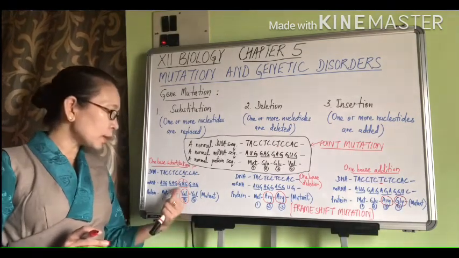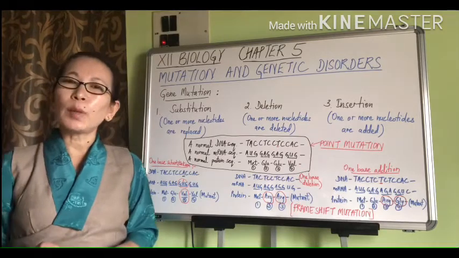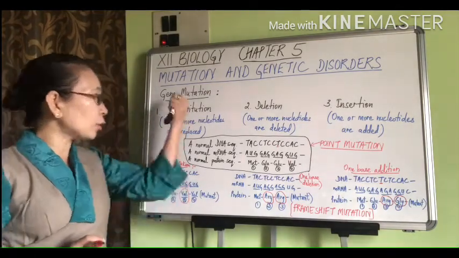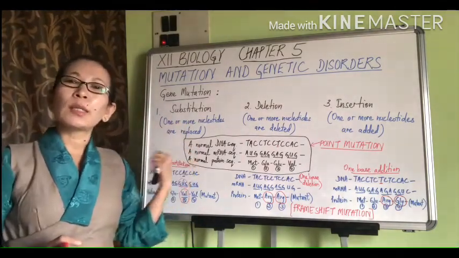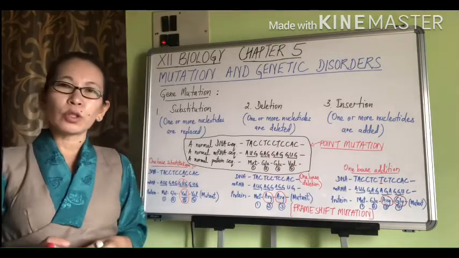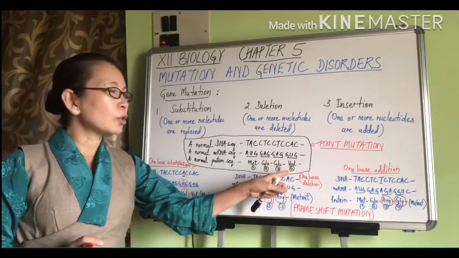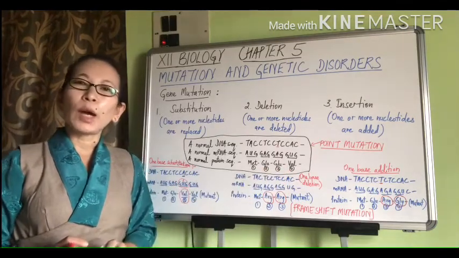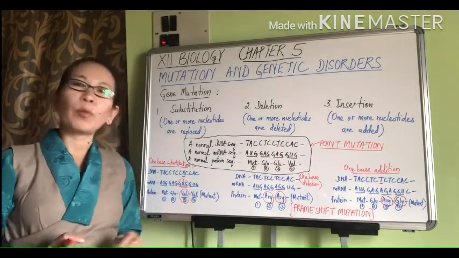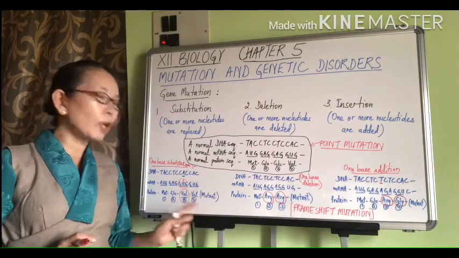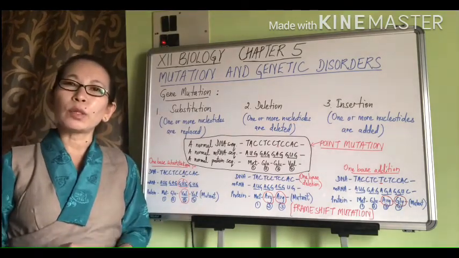So what you see is there's a change in one of the amino acids in this kind of mutation, which is a single base substitution mutation. And this is therefore not the normal protein because it does not have the normal amino acid sequence. It has a different amino acid sequence. So such proteins are going to be mutant proteins.